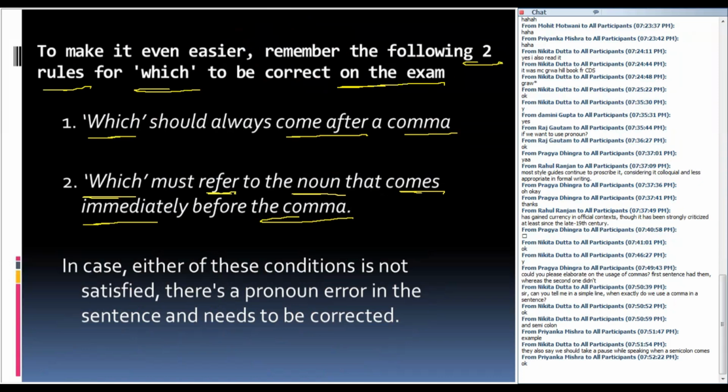In case these conditions are not satisfied, then there is a pronoun error and it needs to be corrected. That is what the grammar rules tell us, but I have seen many cases where these rules are not followed, and even though these rules are not followed, they have marked it as correct. Okay, but I'm just telling you the rule.